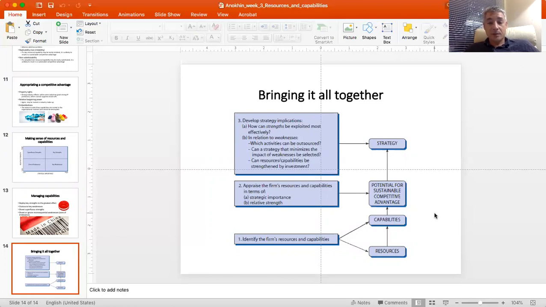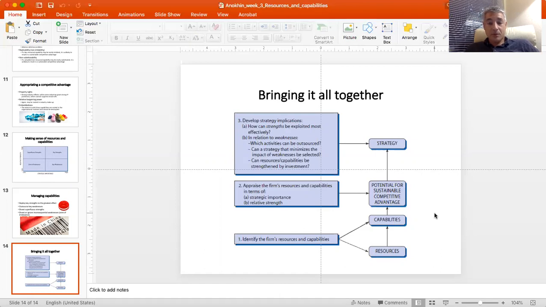So, this development of strategy has several implications. You have to tell how strength will be exploited most effectively, which basically means the ways to deploy your core competencies across as many different applications as possible. And in relation to weaknesses, which activities can be outsourced, can a strategy be selected that minimizes the impact of weaknesses?